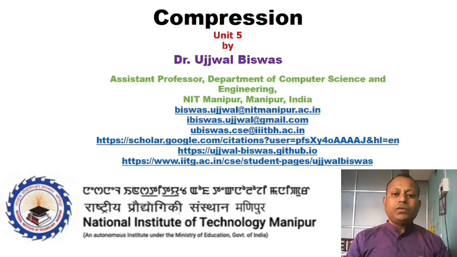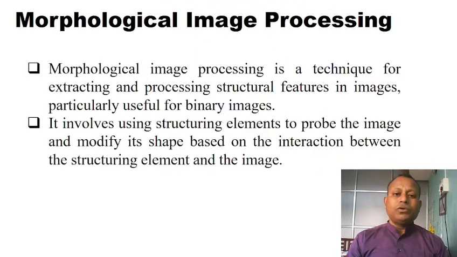Now today we are concentrating on the topic which is morphological image processing. Why it is required, and what are the techniques or methods used to process it, we are going to discuss.